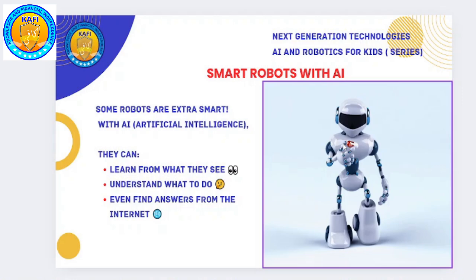Ma'am, you are wrong today, you must have missed something, right? But if you tell the robot 2 plus 2 is 5, the robot will never say, okay, you are wrong. It will just memorize that. So this is artificial intelligence.